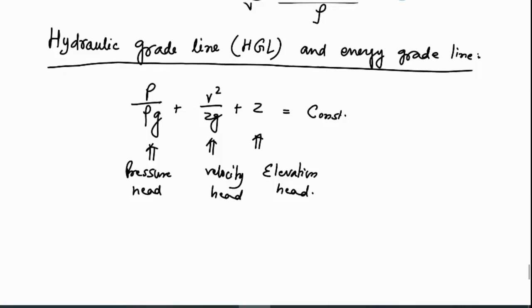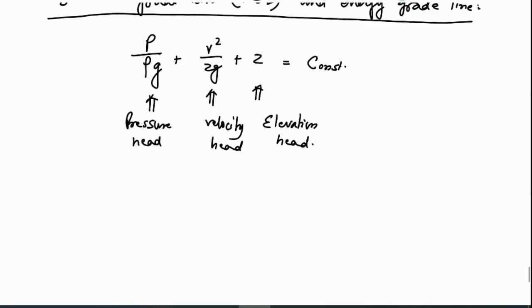So we define the hydraulic grade line, HGL, as equal to P by rho g plus Z. This term plus this term we call the hydraulic grade line.